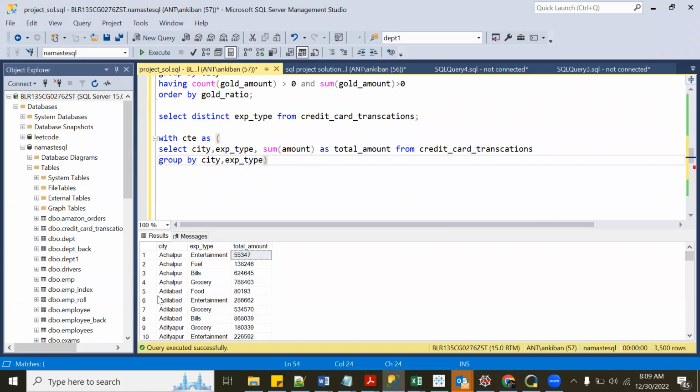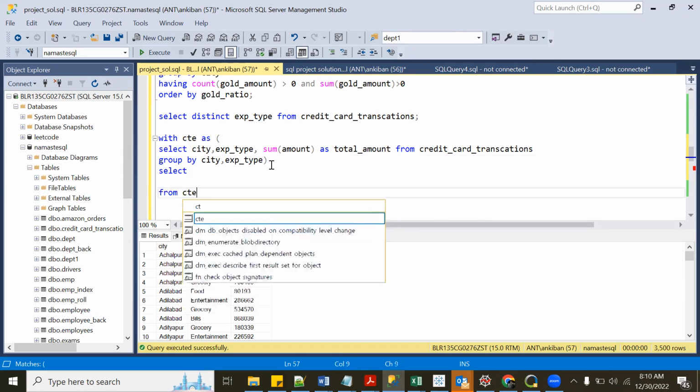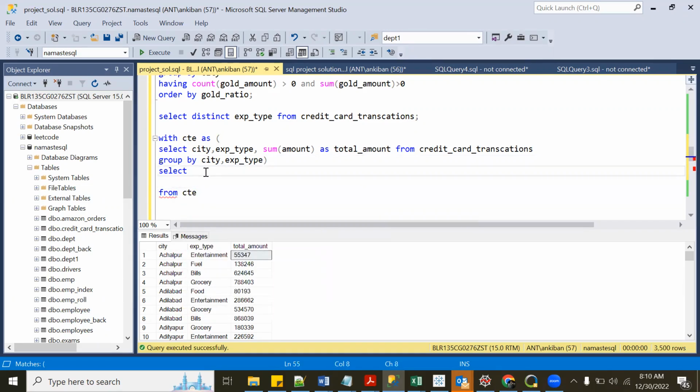Okay. So we have this now. For each city, we have to find which had the highest spend and which had the lowest expense. So what I will do is select from city. Select star, and I will take rank over.